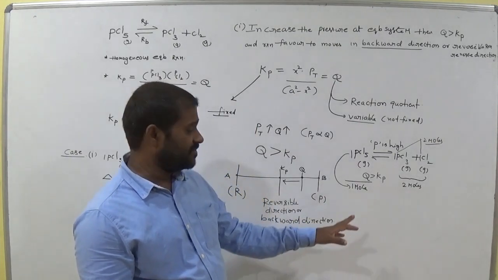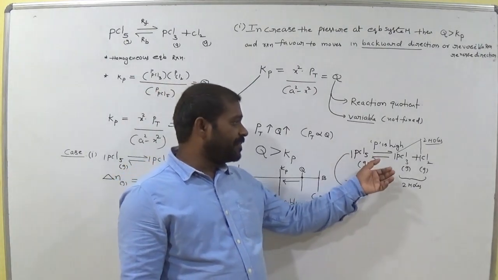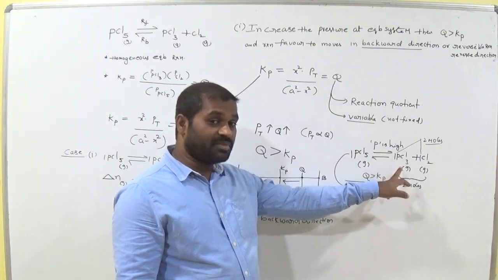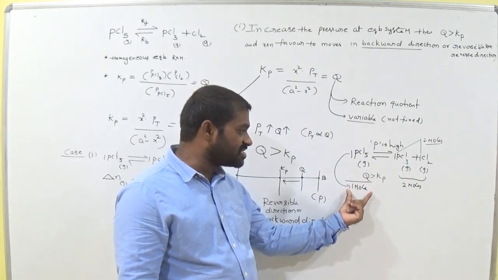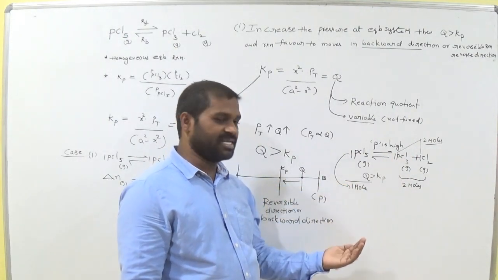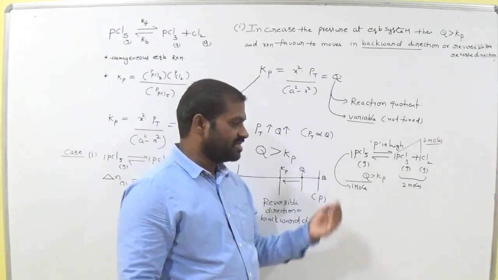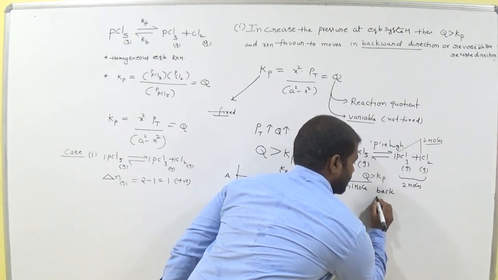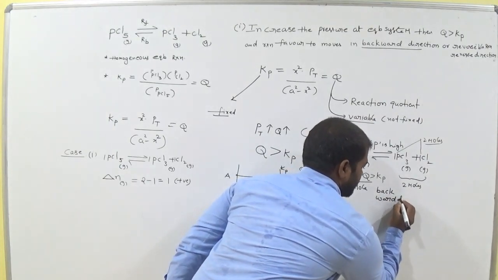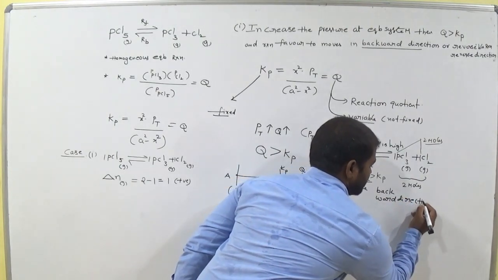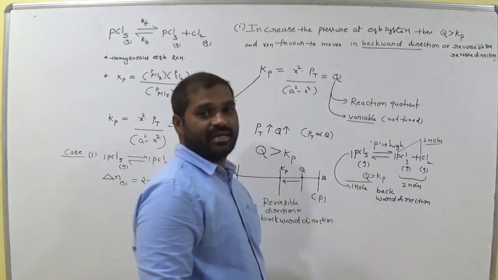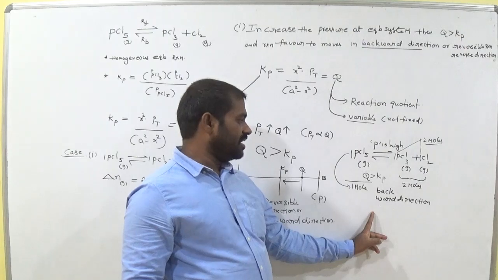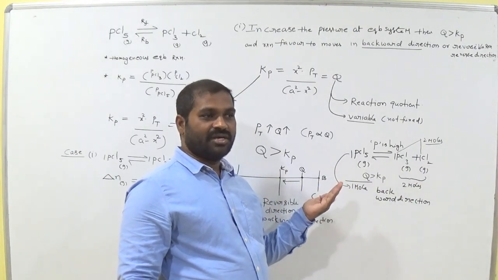When pressure is high at equilibrium, what happened? The reaction moves towards the less number of moles side, the backward direction. Backward direction means, with respect to moles, what we have to say? When pressure is high, Q greater than Kp, that means it is a backward reaction.